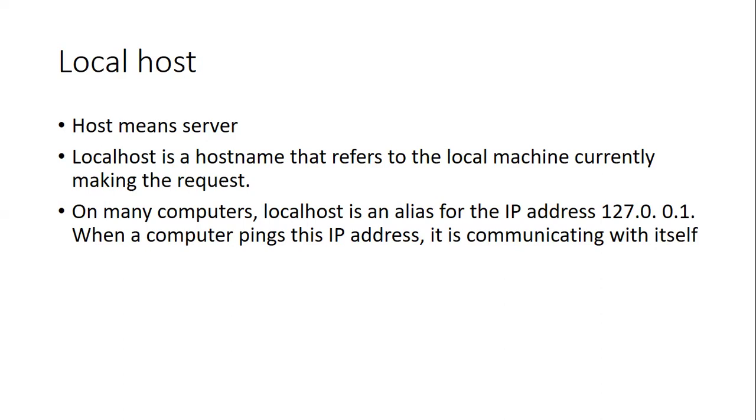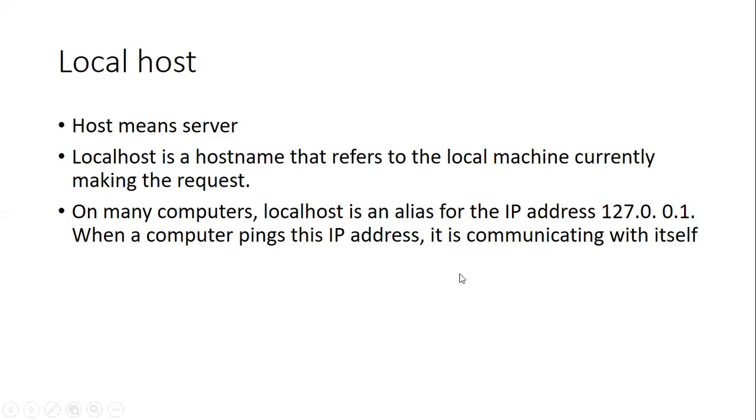On many computers, localhost is an alias for the IP address 127.0.0.1. So this is the IP address, and for this IP address, localhost is named as an alias. So instead of typing 127.0.0.1, we actually type localhost.